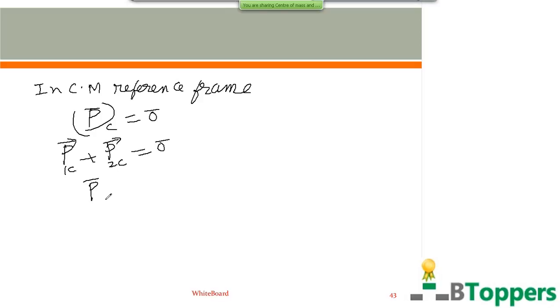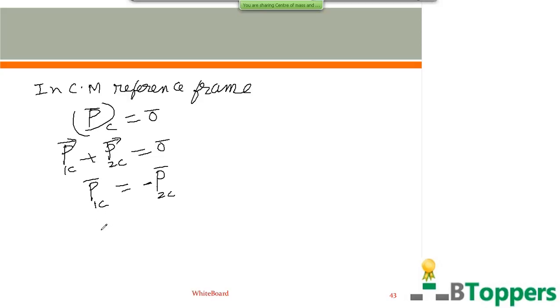P bar 1c represents the linear momentum vector of the first particle of mass m1 with respect to center of mass. P bar 2c represents the linear momentum vector of the second particle of mass m2 with respect to center of mass of the system of the two particles. That means with respect to center of mass, the two particles appear to move in opposite directions with the same magnitude of linear momentum.